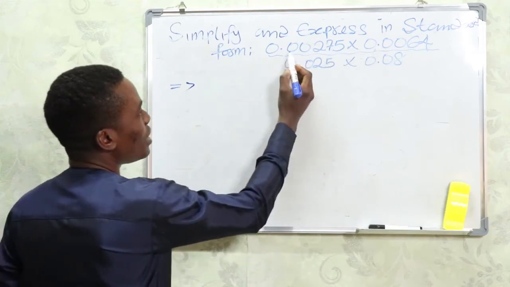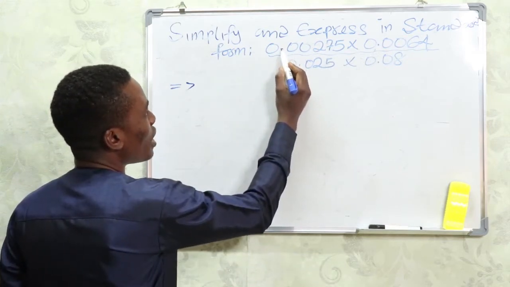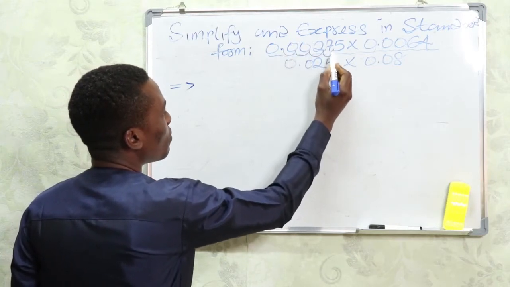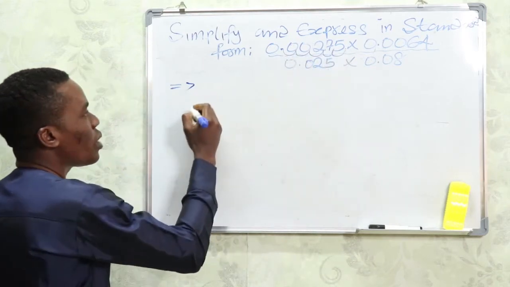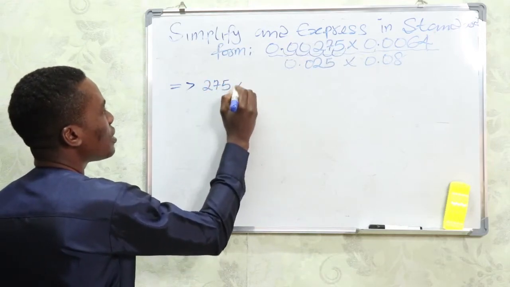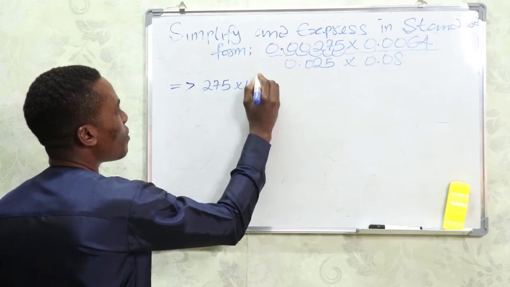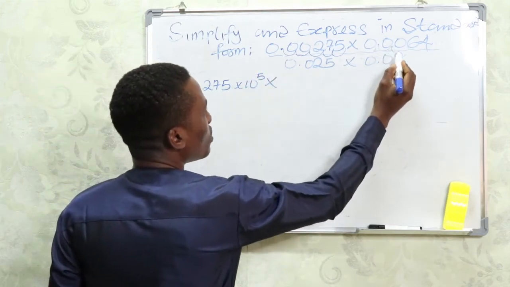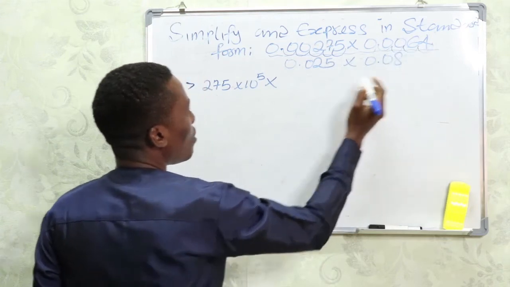From here we'll count to our right hand side. It will give us 1, 2, 3, 4 and 5. So we have a negative 5. So we have 275 times 10 raised to power minus 5, multiplied by, here we'll have 1, 2, 3 and 4.